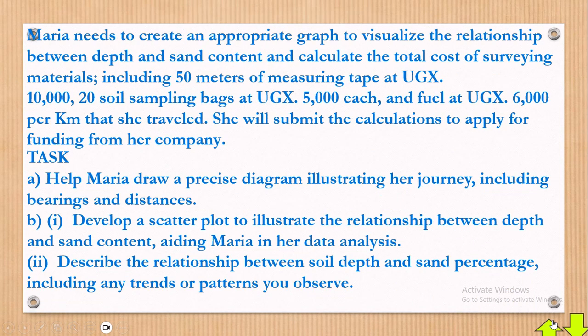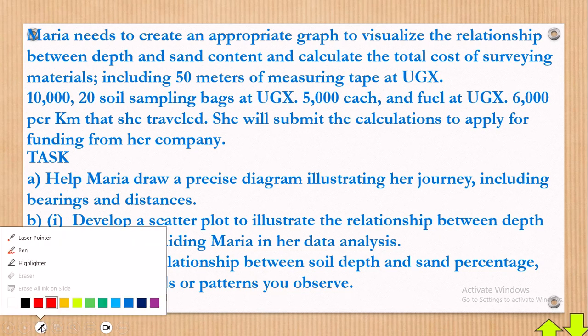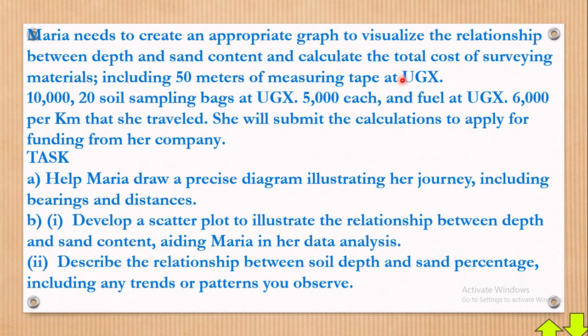They're saying Maria needs to create an appropriate graph to visualize the relationship between depth and sand. A graph which talks about two things which are changing, depth and sand. And calculate the total cost of surveying materials, including 50 meters of measuring tape at Uganda shillings 10,000, 20 soil sampling bags at Uganda shillings 5,000 each, and fuel at Uganda shillings 6,000 per kilometer that she traveled.